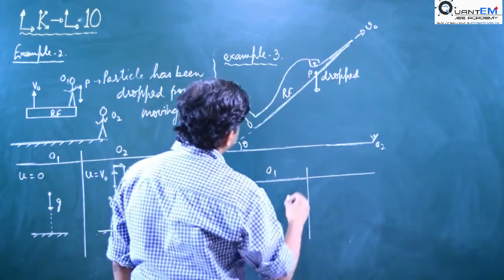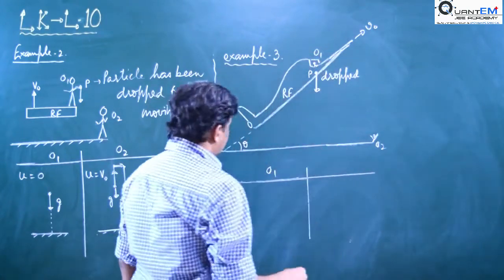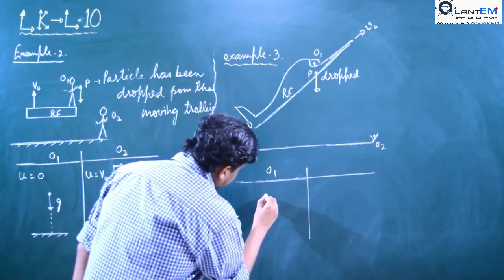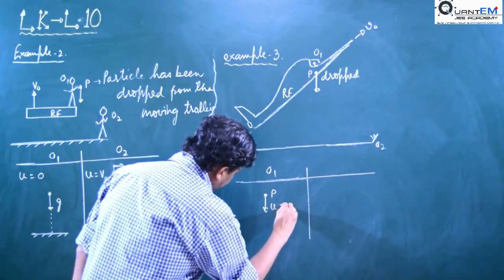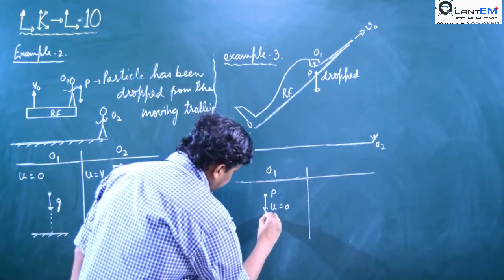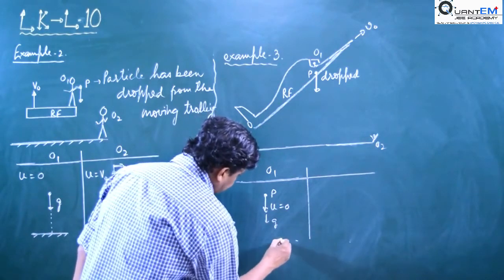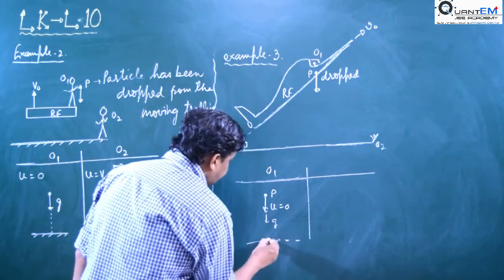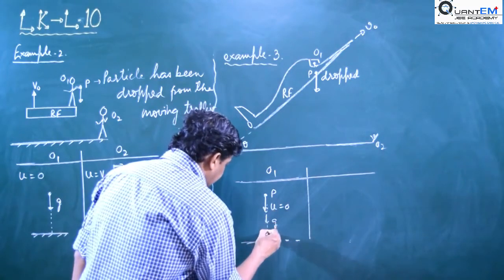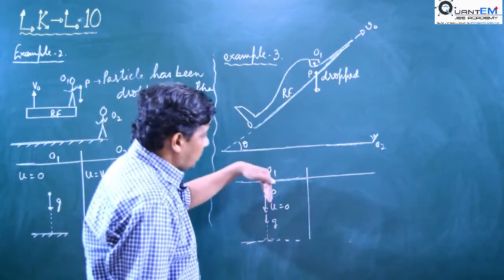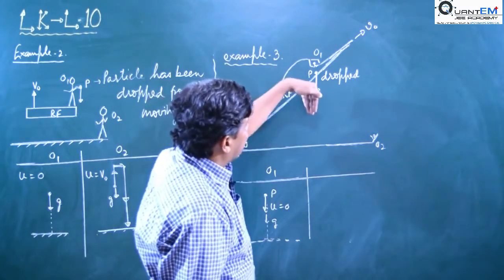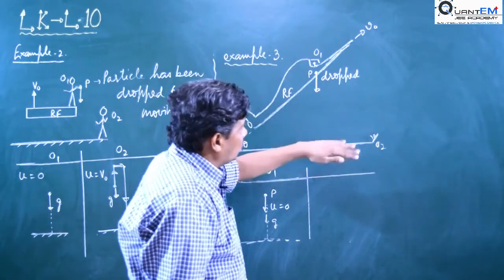So for the pilot, the particle will be moving in the downward direction, and its initial velocity is 0, since it has been dropped, and gravity is in the downward direction. So he will watch this shell moving directly in the downward direction.